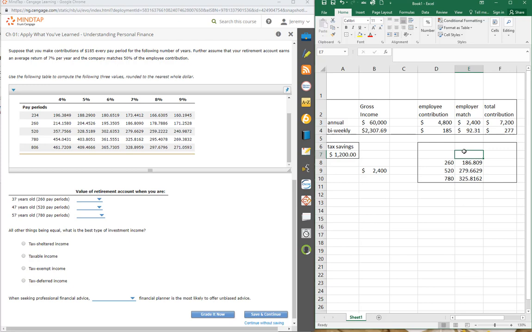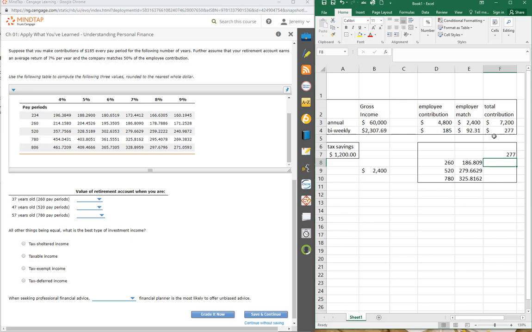So in order to figure out how much this money turns into, I take the amount that I'm contributing, which is 185, and multiply it by this multiplier. Actually, I'm not going to do that, because the 185 is not all that goes in there. I forgot about the employer match. So what's actually going to go in is 277 per pay period.